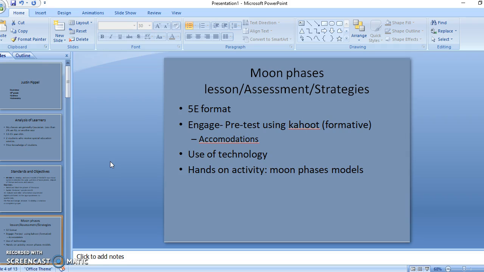Here I used a pretest using Kahoot, which I mentioned in my assessment versus evaluation assignment. I used it as a formative assessment to gauge where my students are at coming into this. What is their prior knowledge?